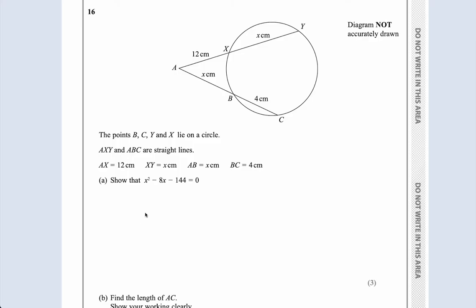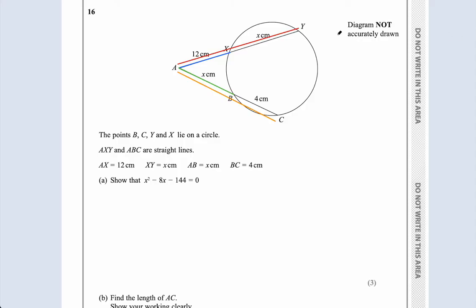Now that theorem states that the blue times the total, the blue times this, times this total length, this times this, is equal to the green by this total length. That's the second theorem.